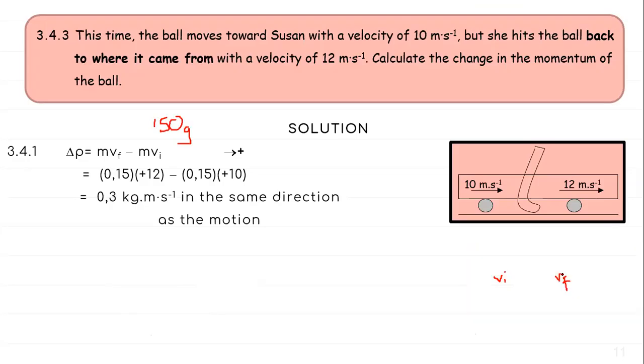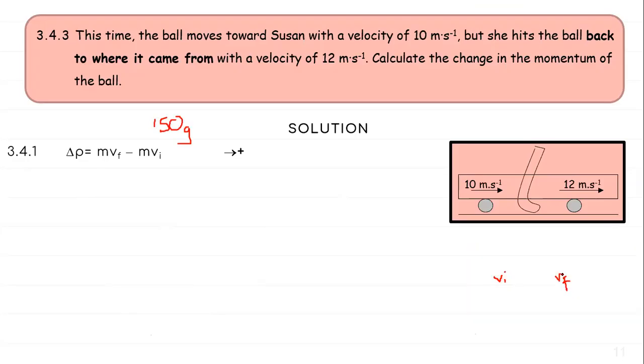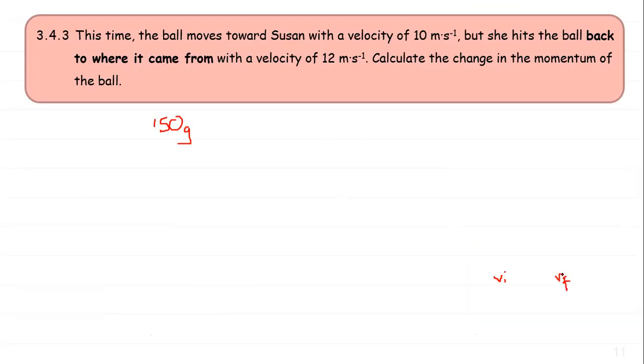Right. In the last scenario, which is 3.4.3, they tell us this time the ball moves towards Susan with a velocity of 10 meters per second. So again, at a different time during the game, it's going towards her at a velocity of 10 meters per second, but she hits the ball back to where it came from with a velocity of 12 meters per second.